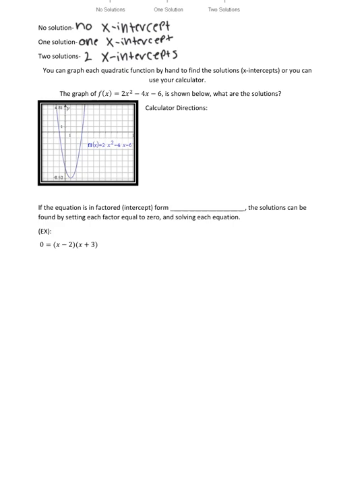Okay. On your calculator, you can find the solutions. If you graph the equation that it gave you, you can just put it in the graph, and then go to trace, and then graph trace.